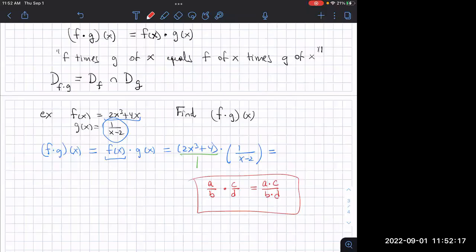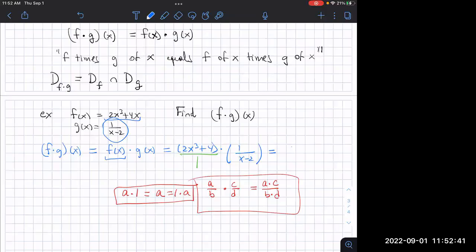Identity: 1 is the identity, so any number or any expression times 1 is A. And of course, 1 times A is A. So 1 is the identity. Here we have 1 times 1, so then it's just that expression. And the denominator also 1 times that, so it's just x minus 2.